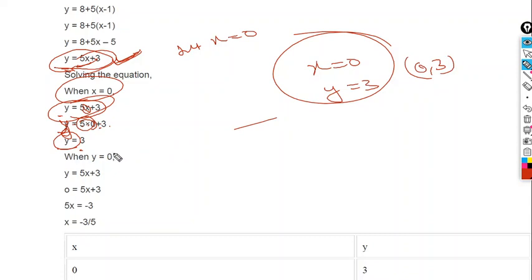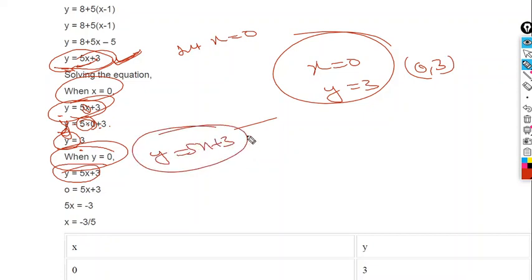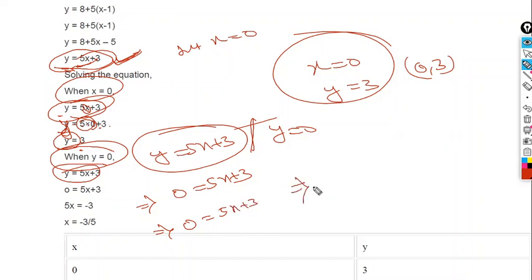Another point, now again we will take y equal to 0 in the same equation. Equation is y equal to 5x plus 3. We have assumed that y equal to 0, which implies 0 equal to 5x plus 3. Now transpose this to LHS, so minus 3 equal to 5x.